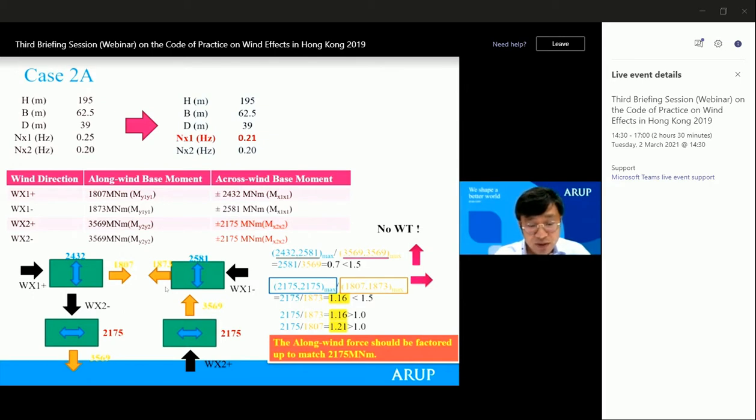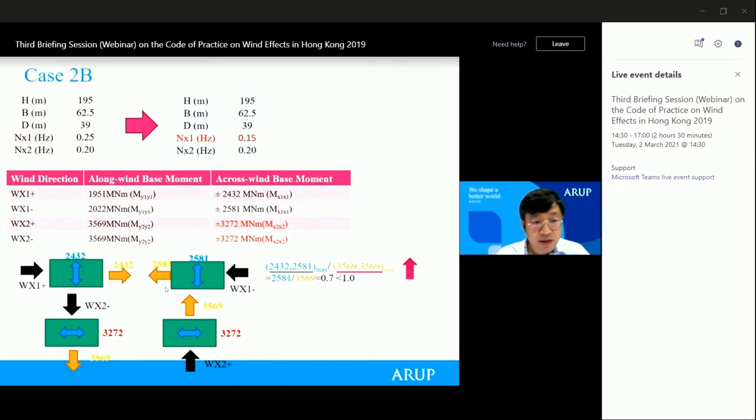And for the original crosswind base moment 1.07, it also needs to be scaled up. The scaling up factor is 1.21. So this is case 2A. We don't need to do the wind tunnel test, but the along wind base moment in the horizontal direction needs to be scaled up in order to match the crosswind base moment.